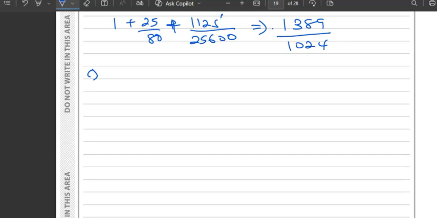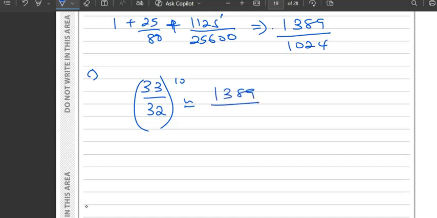To find the rational number for the 10th root of 1389, we know that already (33/32)^10 is approximate to 1389 over 1024.